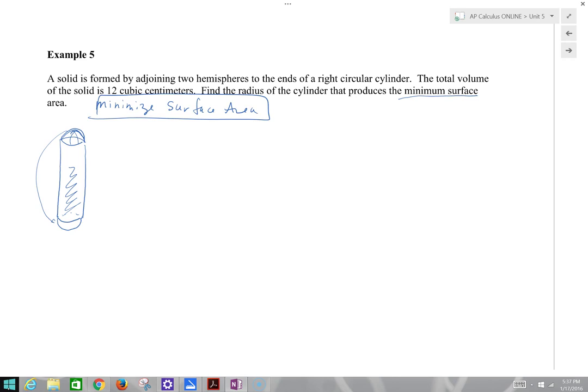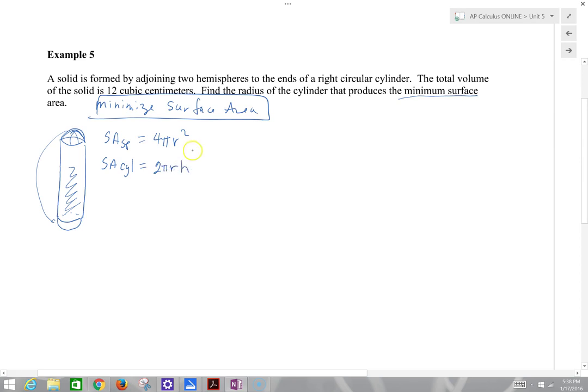So the surface area of this sphere is going to be 4 pi r squared, and the surface area of the cylinder is going to be, not the area, the circumference of the base, which is 2 pi r times the height.